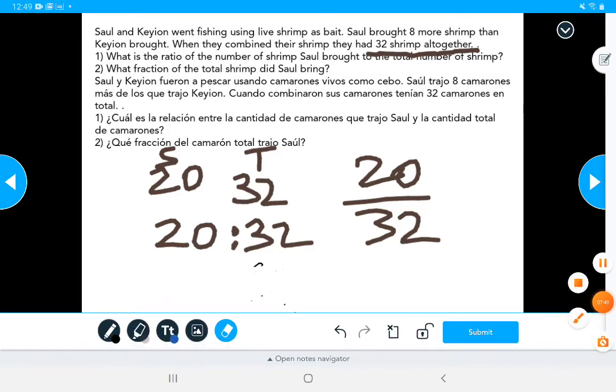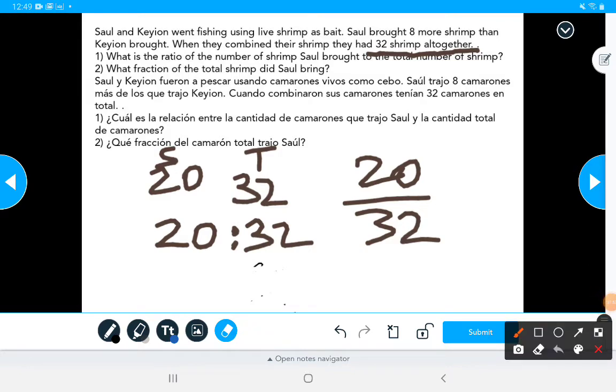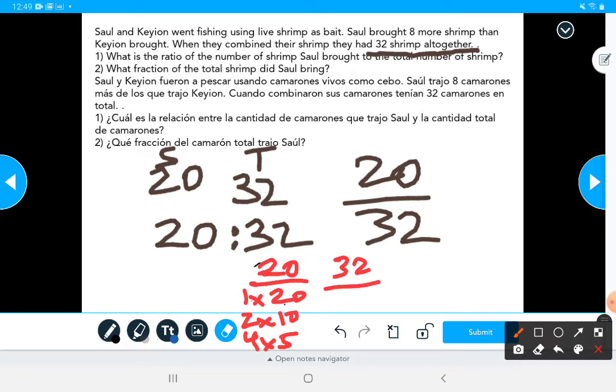Let's just use the pen I have here. Okay, so we have 20 and 32. Now, 20 could go from 1 times 20, 2 times 10, or 4 times 5. 32 can come from 1 times 32, 2 times 16, 4 times 8. So those are our options.